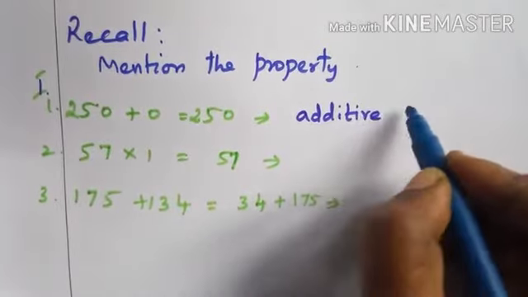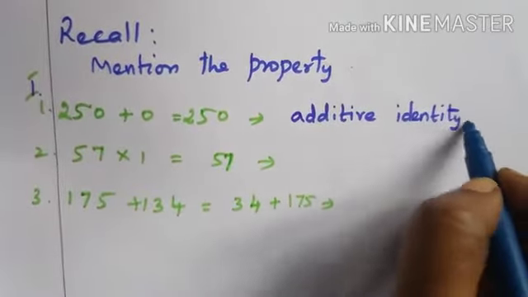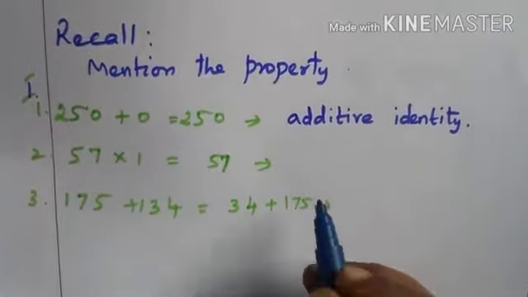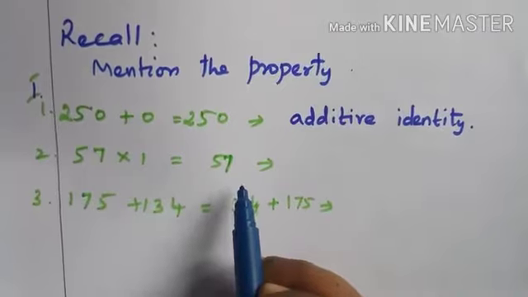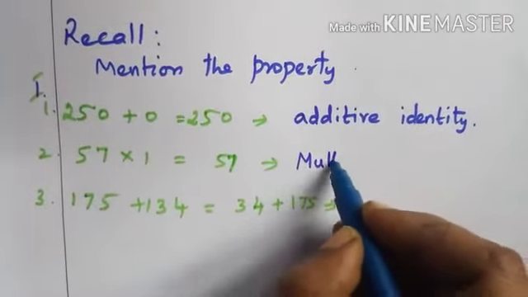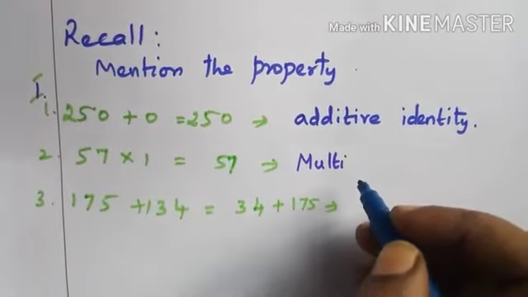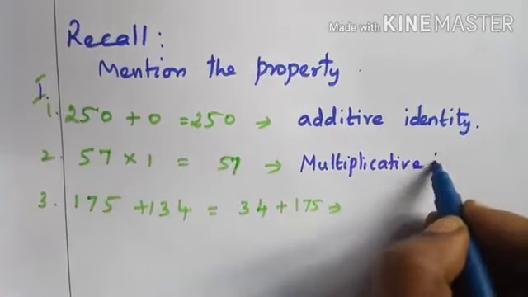Since 0 is there, isn't it? Additive identity, or you can write what? Identity for addition. 57 into 1 equal to 57. Yes, this is the multiplicative identity, or you can write what? Identity for multiplication. Multiplicative identity.